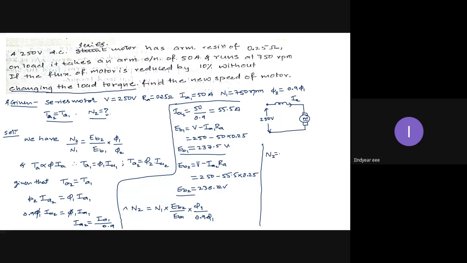Therefore, N2 is equal to 750, my N1, into 236.12, my EB2, over 237.5, my EB1, into 1 over 0.9. So this will be my new speed, 828.4 RPM. So this is my new speed.